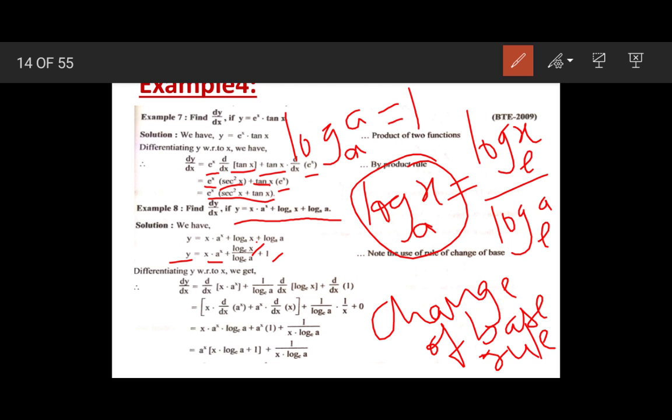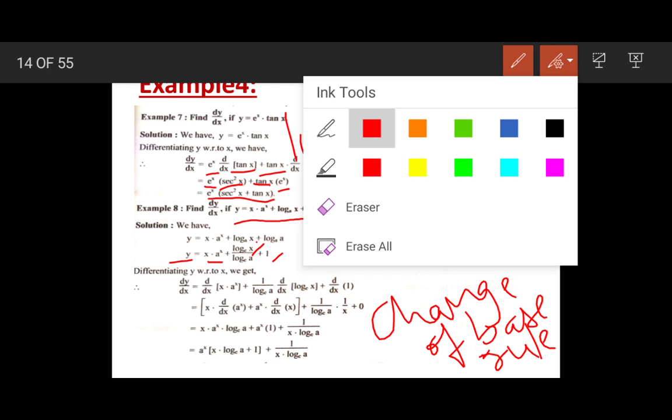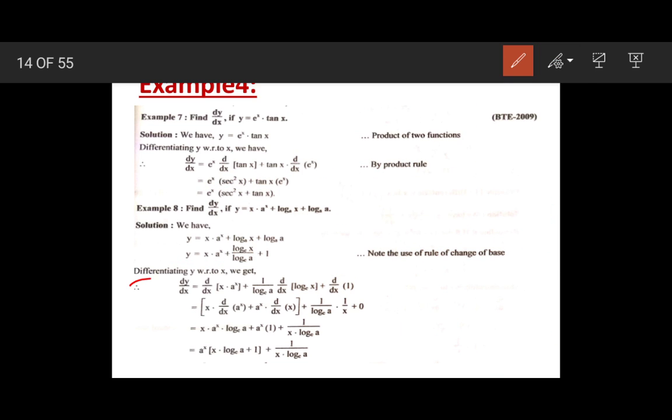Now do the differentiation. So differentiating with respect to x, derivative of y is dy upon dx. That is equal to derivative of x into a raised to x plus 1 upon log a, constant, so outside, into derivative of log x plus derivative of 1. Now derivative of x into a raised to x means u into v.